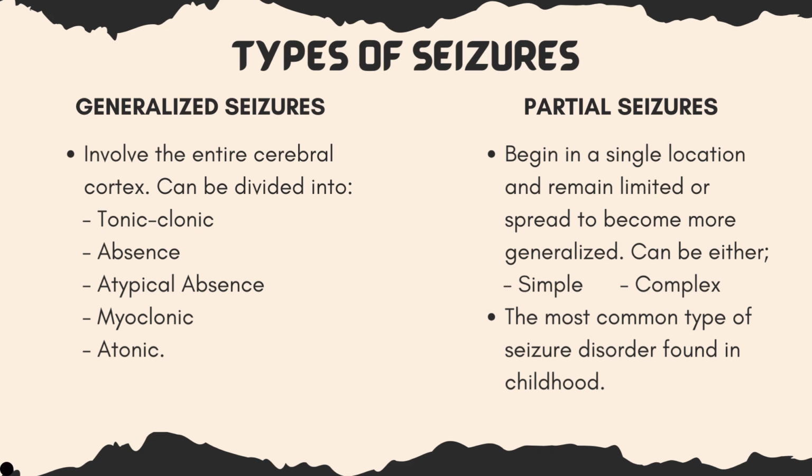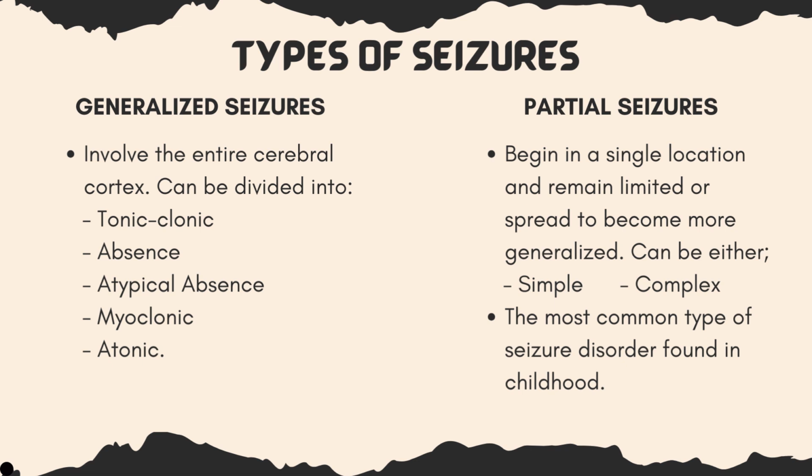There are two types of seizures, which are generalized seizures and partial seizures. Generalized seizures involve the entire cerebral cortex, and can be divided into tonic-clonic, absent, atypical absent, myoclonic, and atonic. Partial seizures begin in a single location and remain limited or spread to become more generalized.